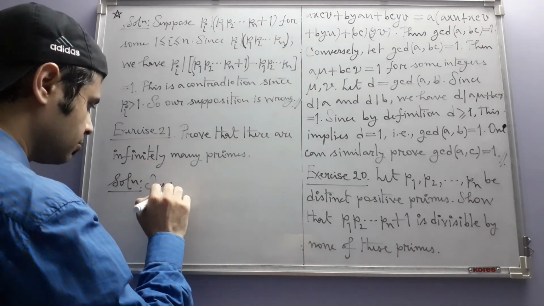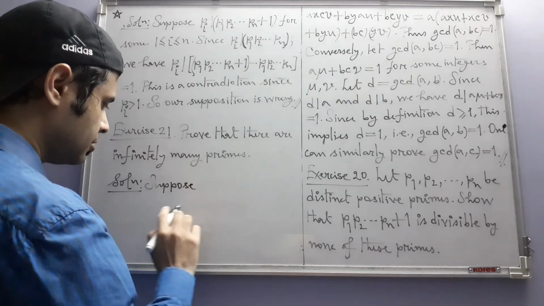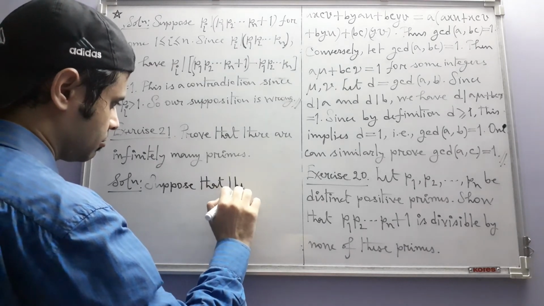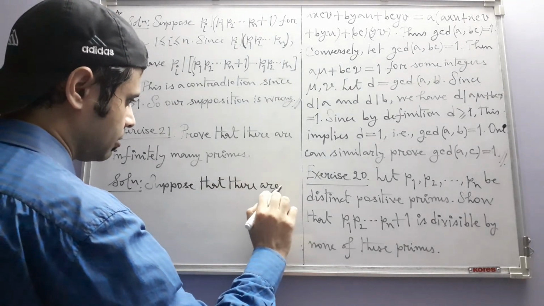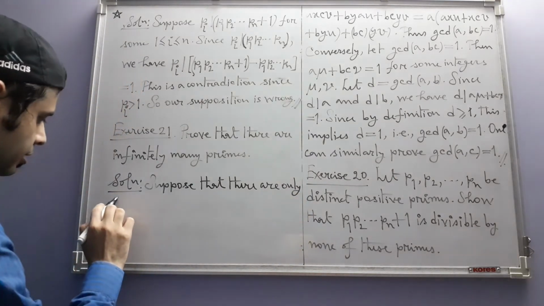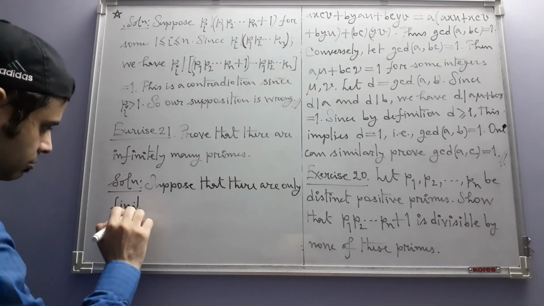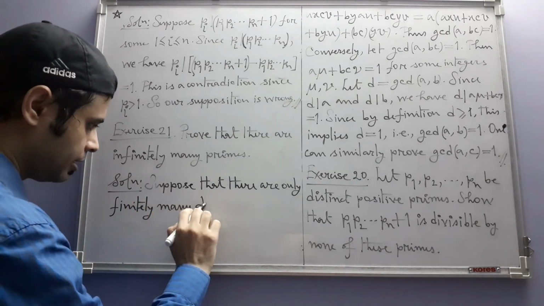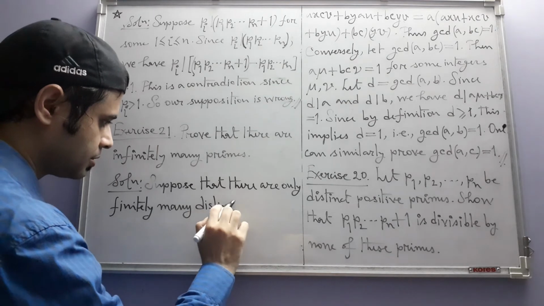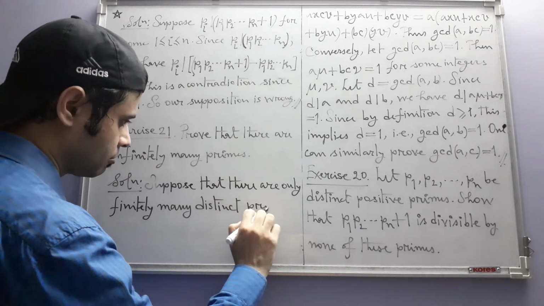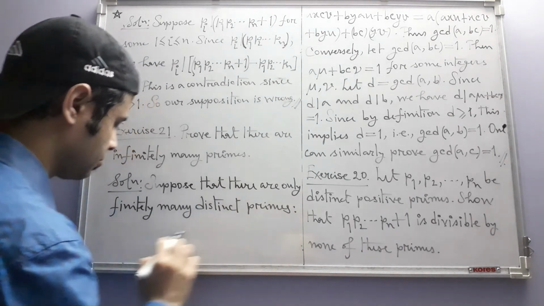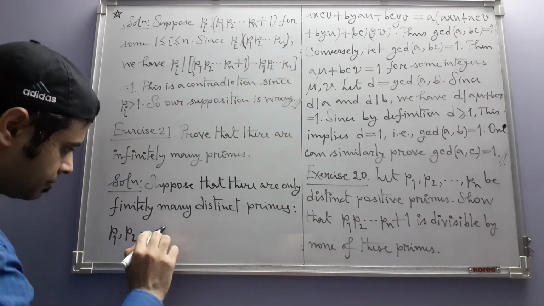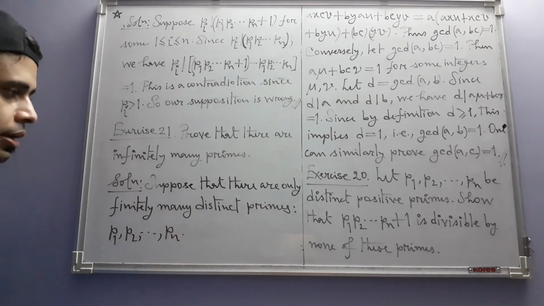So this is Euclid's proof. Suppose that there are only finitely many distinct primes, P1, P2, etc. up to Pn.